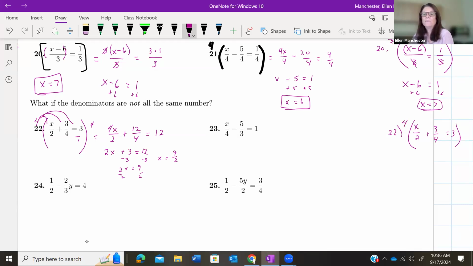All right, so here we go. 2 goes into 4 twice. 4 goes into 4 one time. So notice I'm writing my answer down. And then 4 times 3. So I end up with 2x plus 3 equals 12. And so I'm right back to where.